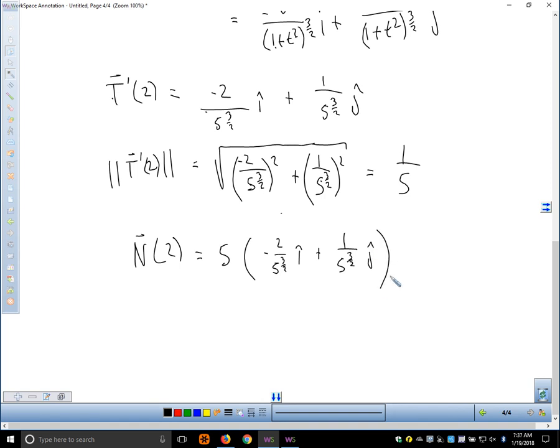The other thing I want to point out here is this is a 2-dimensional vector. If you're doing this for a 3-dimensional vector, you're going to have another component here. It's even more. And I could simplify this: 5 over 5 to the 3 halves is square root of 5 over 5.